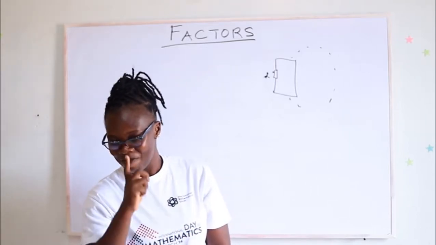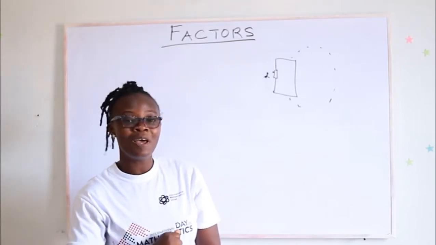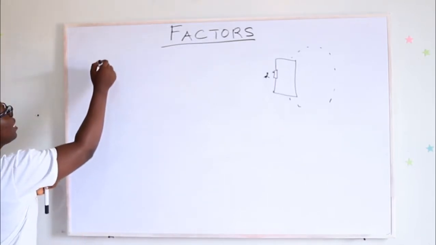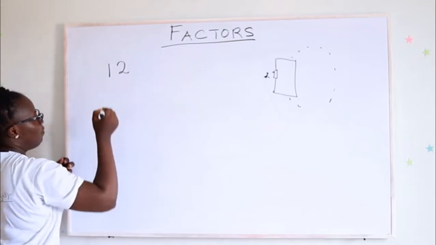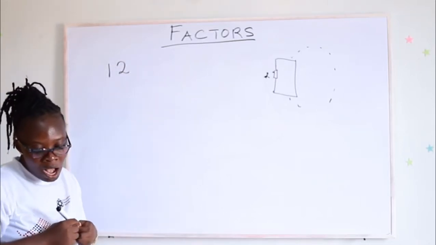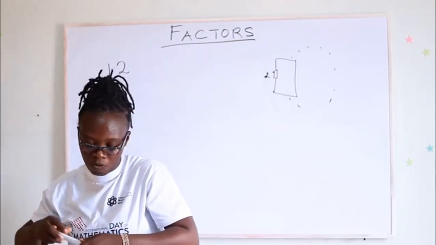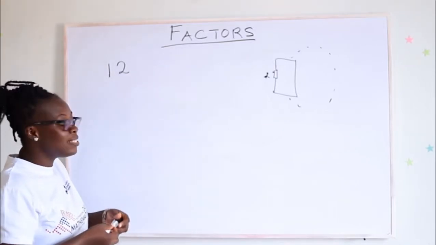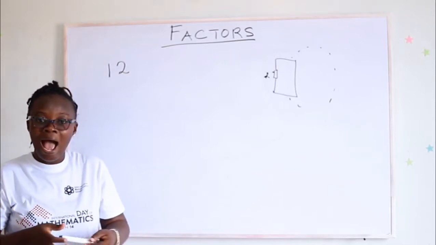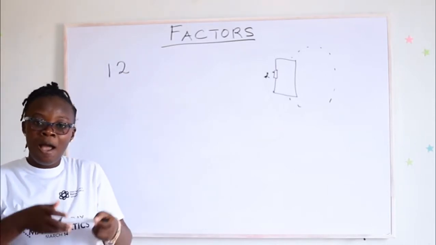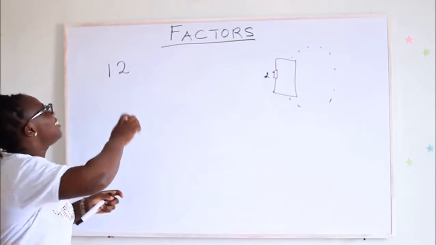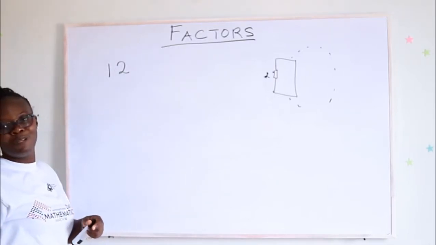That's our word, factors. So we are saying that if you take any whole number, let's say 12, how do I find the factors of 12? The factors of 12 are another whole number that can divide exactly 12.